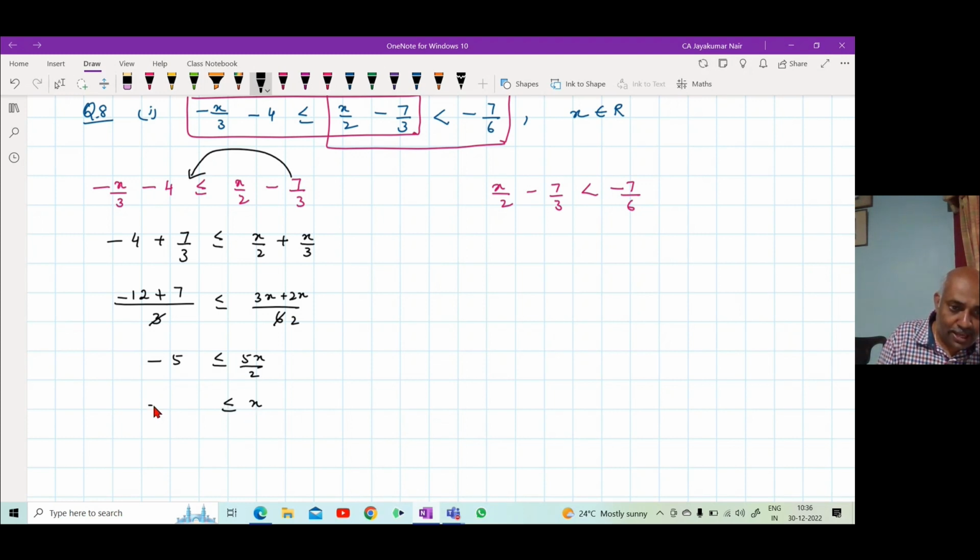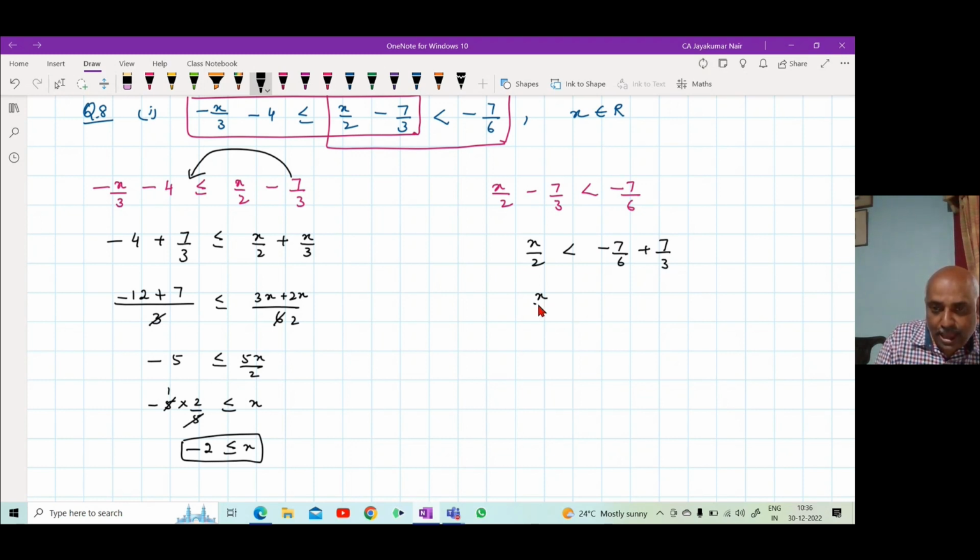You want to find x, shift this to the other side. So x is greater than minus 2, or minus 2 is less than or equal to x. In the same manner, x over 2 less than minus 7 over 6 plus 7 over 3. x over 2 less than, LCM is 6, so minus 7 plus 14.